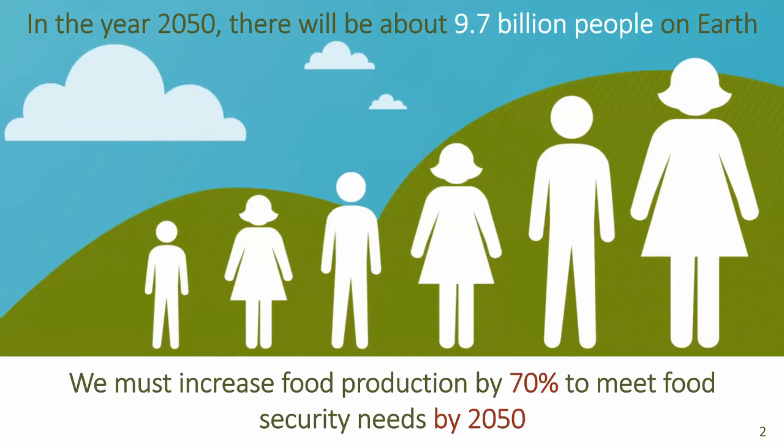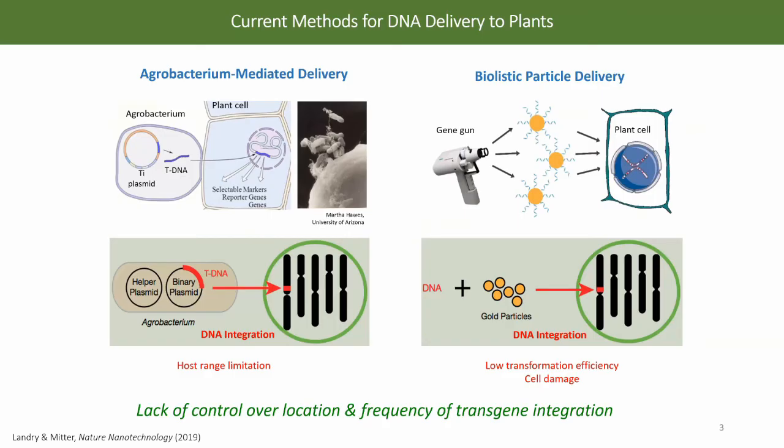So specifically, projections estimate that food production must increase by 70% in the coming decades so that we can feed our growing global population. Now, genetic engineering of plants is one of many possible ways of addressing the potential shortcomings that we're about to face in our food supply.